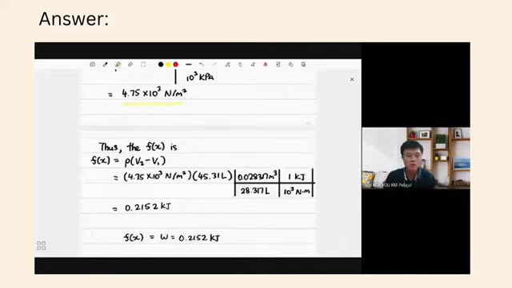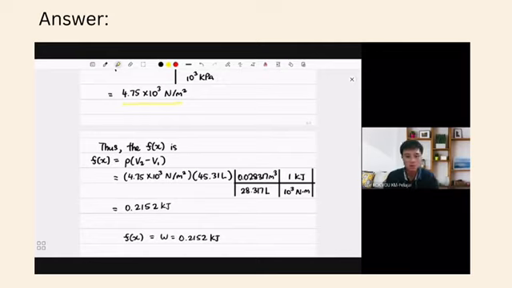So we just multiply together, and because the question asks us to change the value to kilojoule, we multiply by 0.02817 meter cube over 28.317 liter in order to get meter cube.